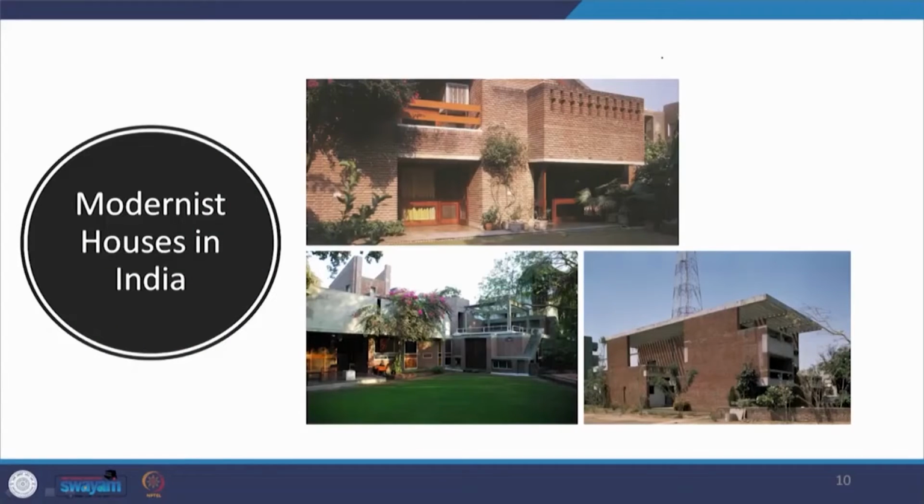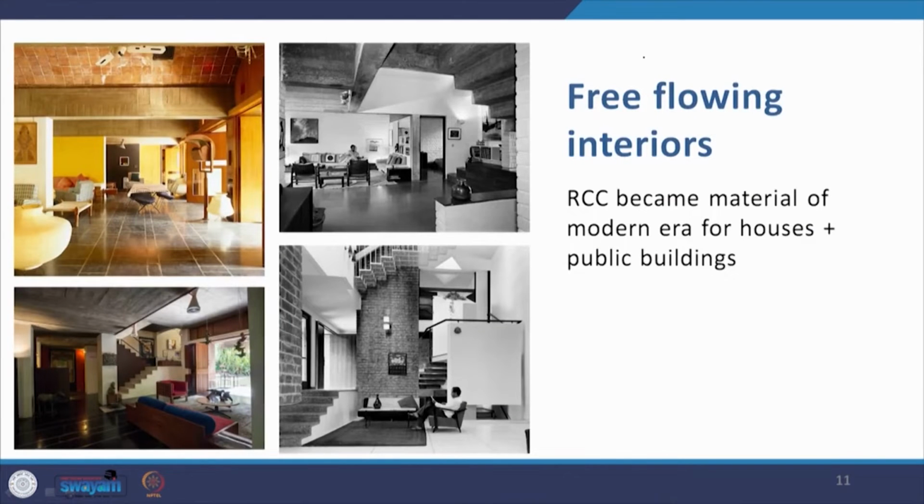Anyway, so these are some examples. These are some modernist houses in India. This is B.V. Doshi's own house. This is called the Parekh house by Charles Correa, and I believe this is a house designed by Raj Rewal. Now if you come to the house design of B.V. Doshi, I am trying to relate it to the Sarabhai house because, as we told you earlier, iconic architects and their works impacted these young architects.